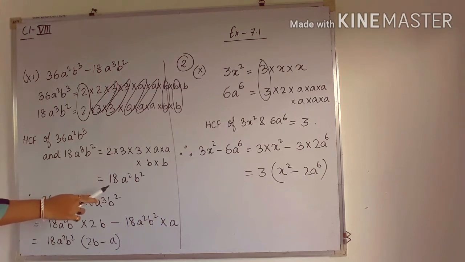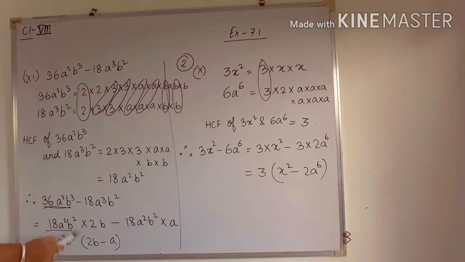So how to do this? This can be factorized like this, 18a square b square, because this is the HCF, we have to write it first. Then next, what will be remaining if you take 18a square b square from this? See this 36a square b cube, what is remaining?